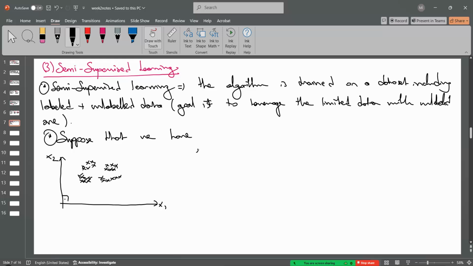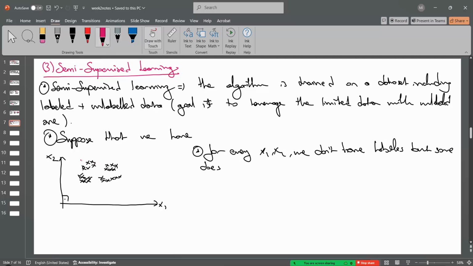In this case, for every x1 and x2 we don't have labels, but some do. For example, we might have the label of C1 or C2 or C3, and one class can be given in here.